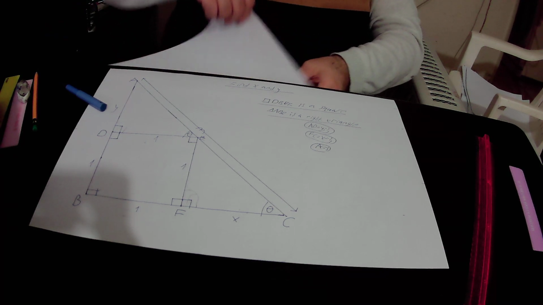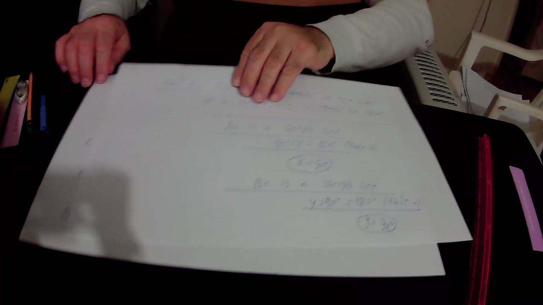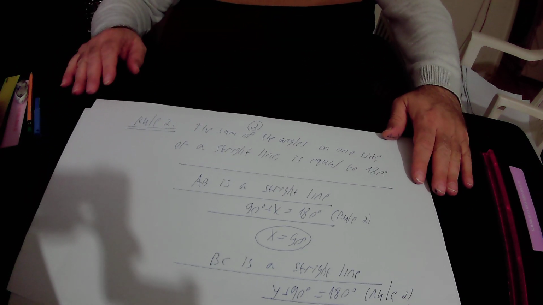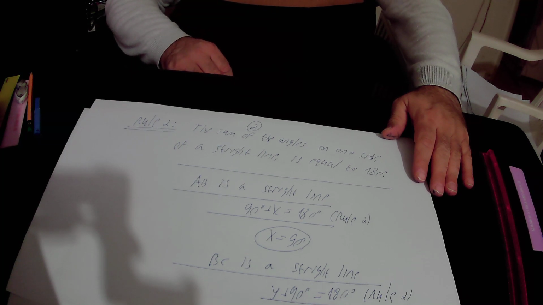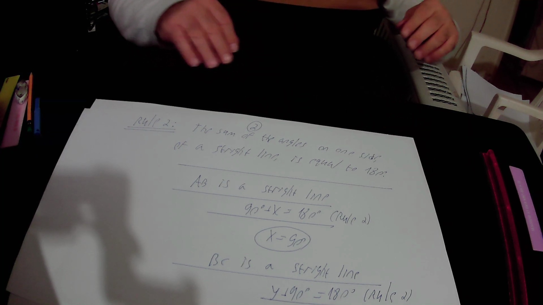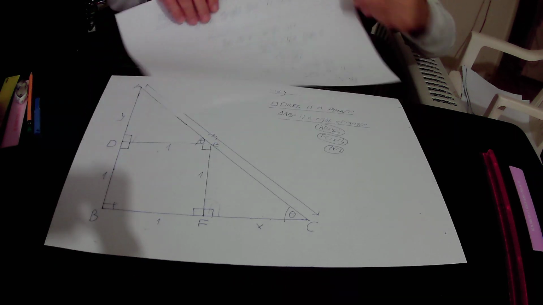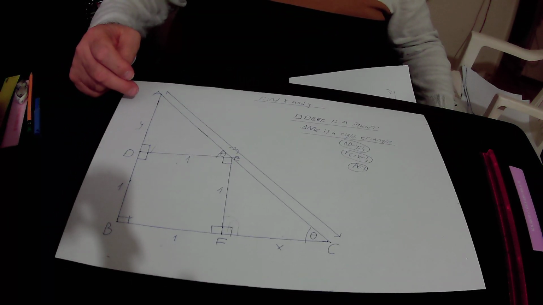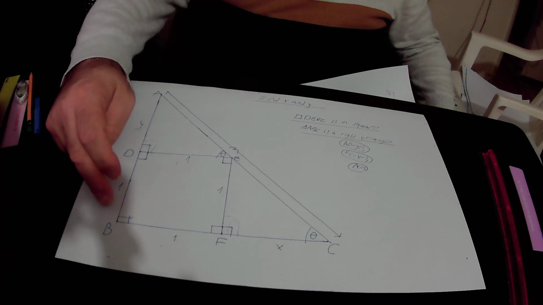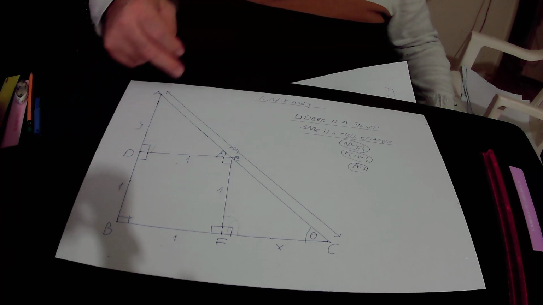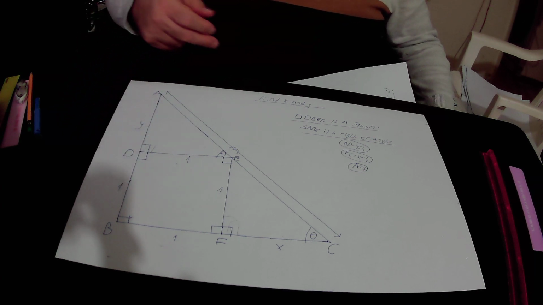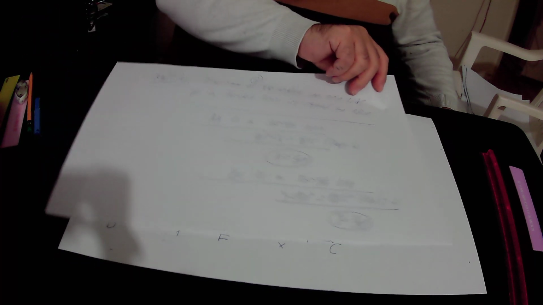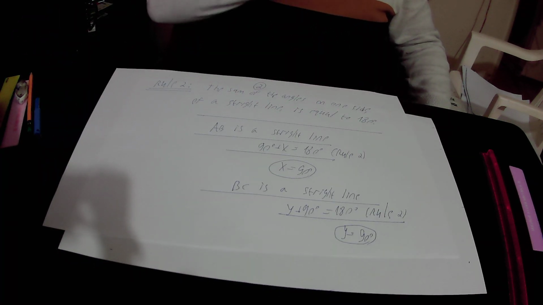According to rule number 2, the sum of the angles on one side of a straight line is equal to 180 degrees. AB is one side of the right triangle ABC, therefore it is absolutely a straight line.